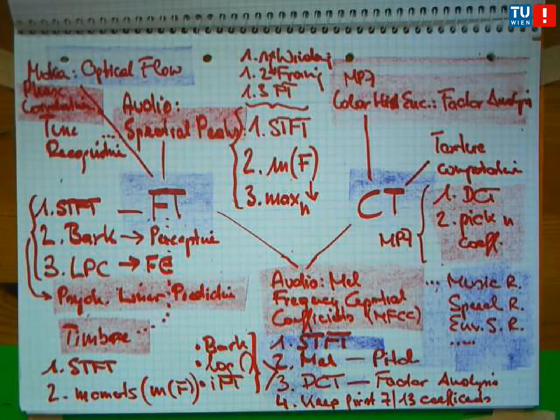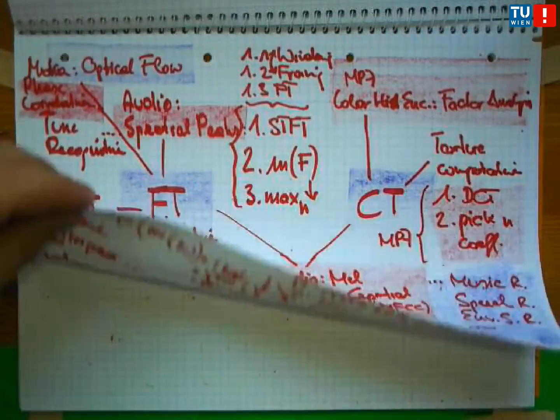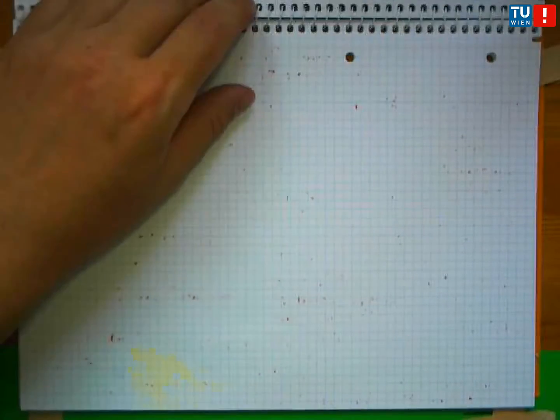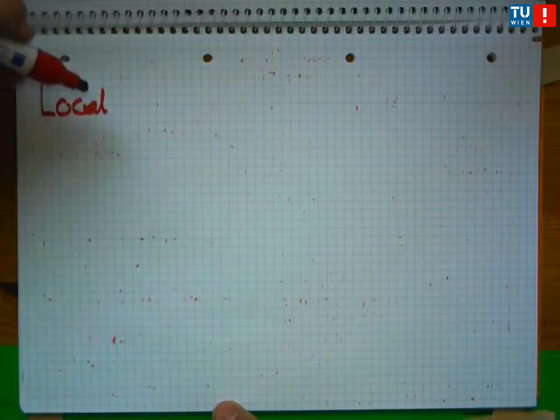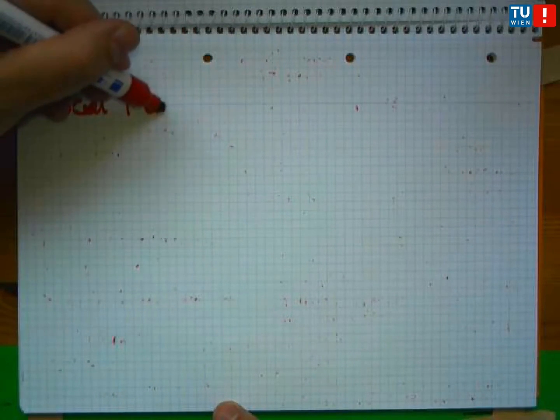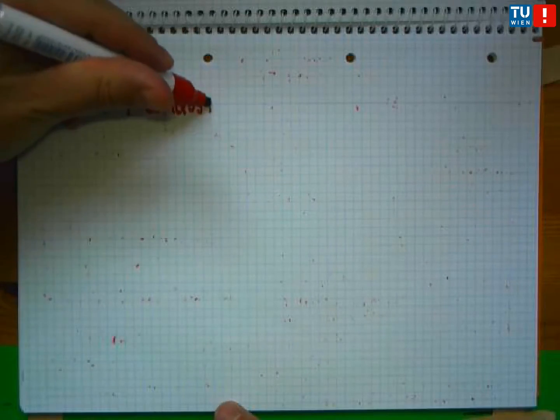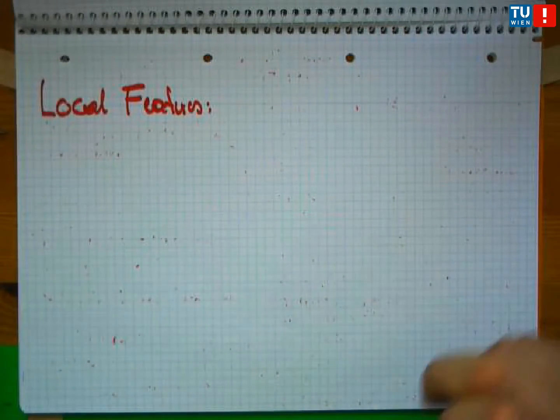Okay, we are almost done. There is only one more domain that we have to cover today, and that is local features. Since it's local, where does it belong?